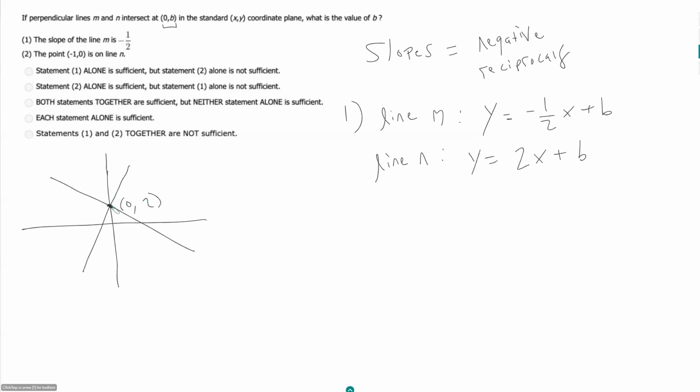But we can do the same thing, just move these up so that they intersect at (0, 4). So this gets us a little bit closer. We can at least draw some examples here, but we don't definitively know what B is, so this is insufficient.